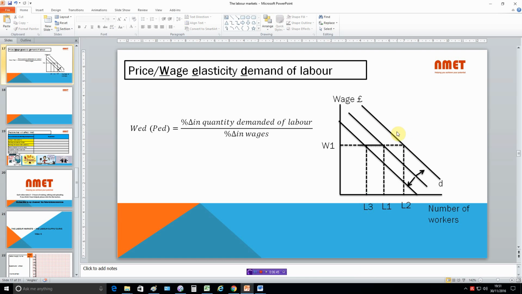As well as, let's say, the supply curve. I know it's going to get a bit mucky now, so let's color it differently.